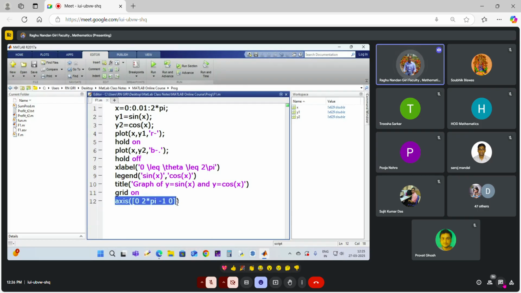From this one statement, we mentioned the x limit and y limit both.